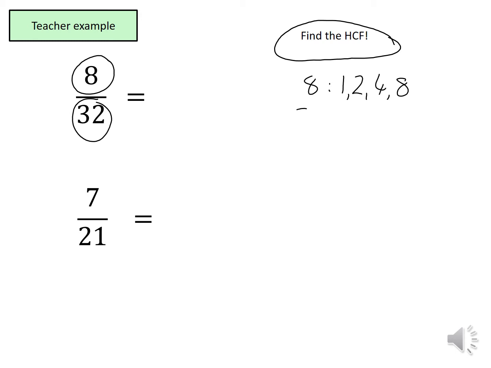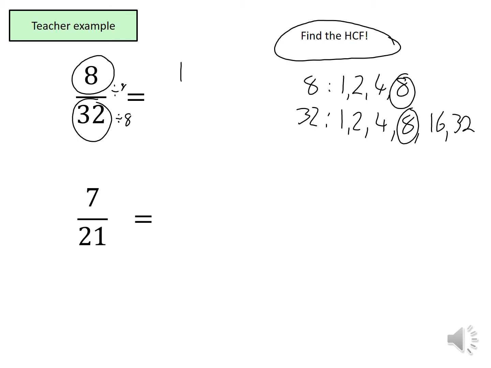If we list the factors for 32, we have 1, 2, 4, 8 and 16 and 32. So the highest common factor of these two is 8. That's the highest common factor. So what I'm going to do is I'm going to divide top and bottom by 8. So 8 divided by 8 is 1 and 32 divided by 8 is 4.